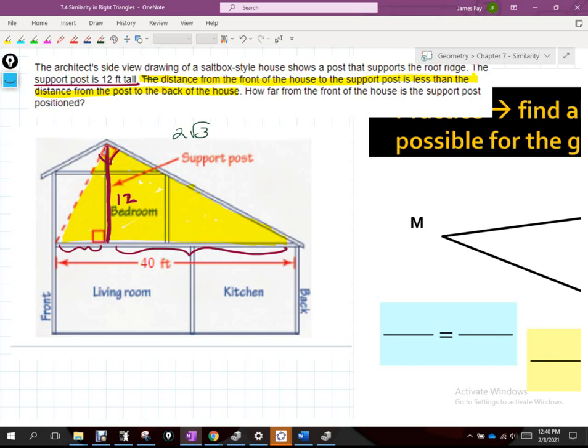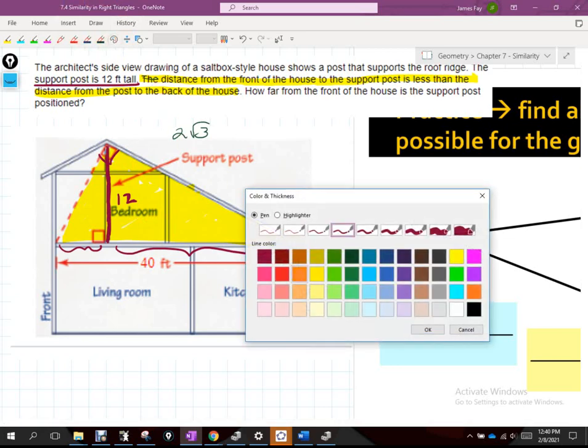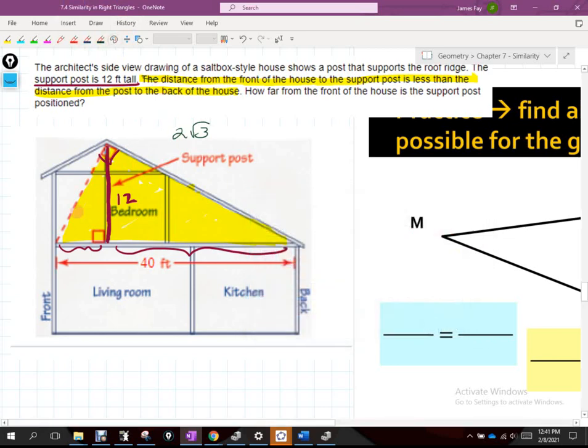So what could I call one of them? X. And this is where you just have to pay attention. Because if you put X right there, this would be 40 minus X, correct? Here it says, how far from the front of the house is the support post position? Well, here's the front of the house, right? So if I put X there, then I answer with X when I'm done. Does that make sense to everybody?